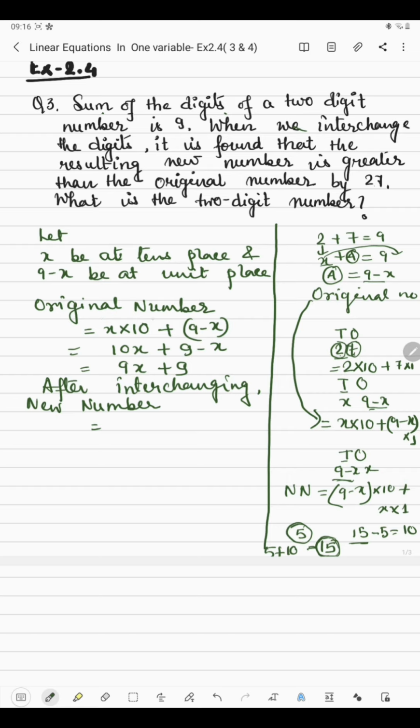While forming the original number, x was at the tens place. Now x will be at the unit place and 9 minus x will be at the tens place.